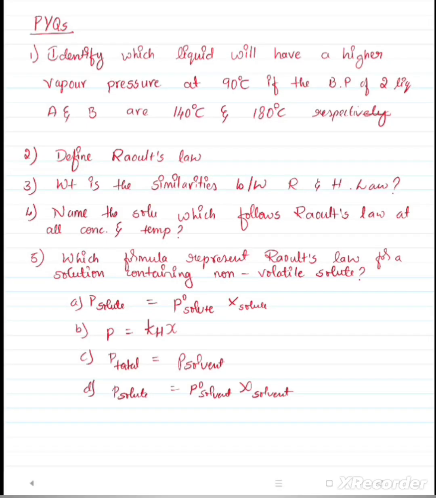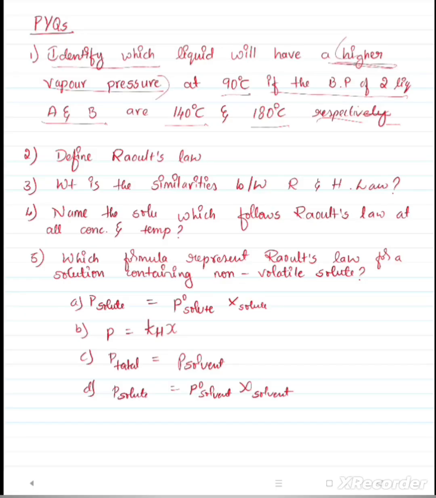Okay, now we'll discuss PYQ questions from Raoult's law. First question: identify which liquid will have higher vapor pressure at 90 degrees Celsius if the boiling points of two liquids A and B are 140 and 180 degrees Celsius respectively. They are asking which has higher vapor pressure.